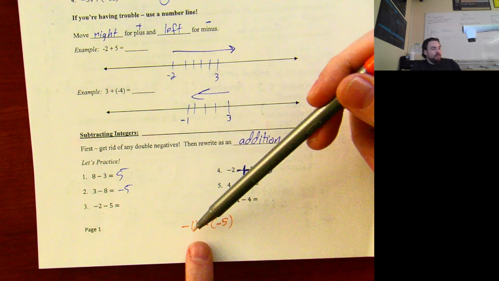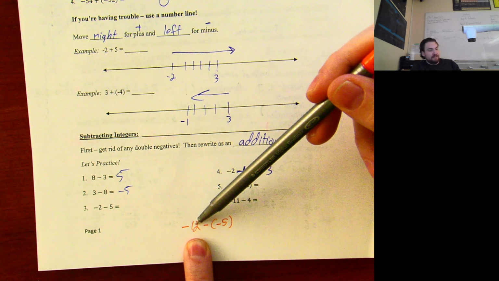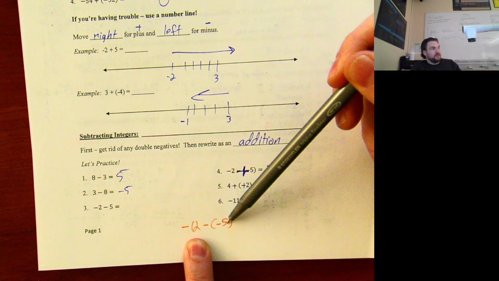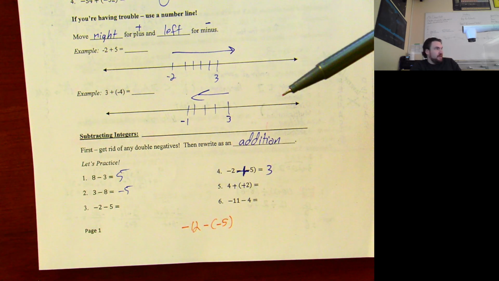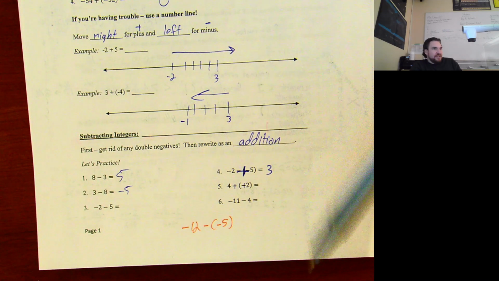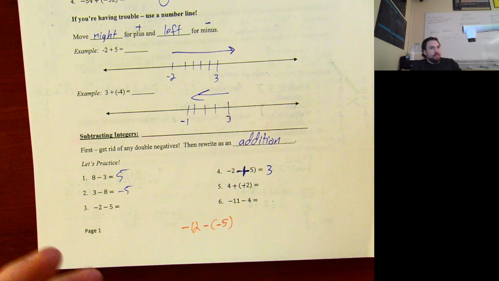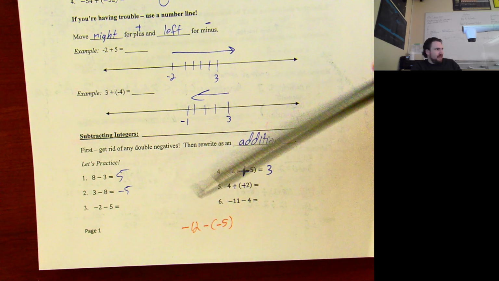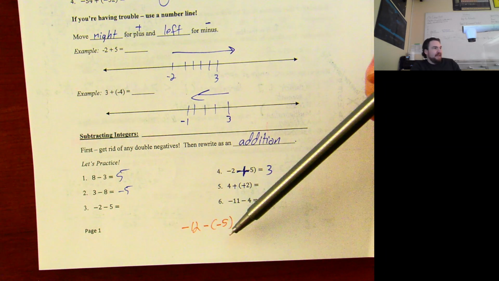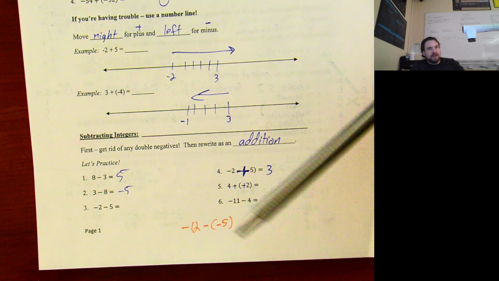You owe me $12, and I take away $5 from what you owe me. How much do you owe me now? You owed me 12, I took away 5. You owe me 7. So if you think about negatives in terms of what you owe or what you are being owed, that would be a positive. It makes a lot of sense, I think, right? Taking away a negative gets you a more positive value.